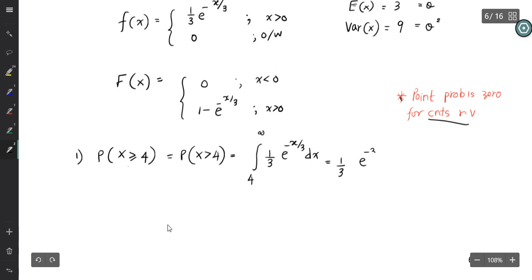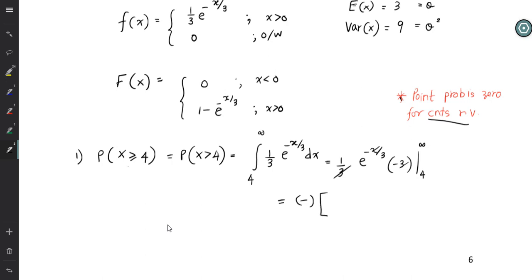Have e to the negative x over 3, and the antiderivative you multiply by negative 3, integrated from 4 to infinity. So this 3 cancels out, you have a negative value outside, and you get e to the negative infinity, which is 1 over infinity, which is 0, minus e to the negative 4 over 3.